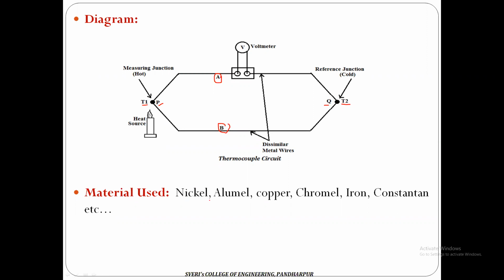Either you can use nickel, aluminum, copper, chromel, iron, constantan, etc. There are so many metals, and depending upon which types of two different metal wires are used, the operating range of a thermocouple will be different, because the materials are different. It means that up to a certain level of voltage they can read the EMF, or the temperature. Get my point? So this is the basic thing about the thermocouple.